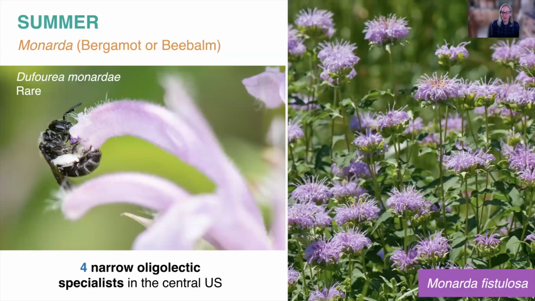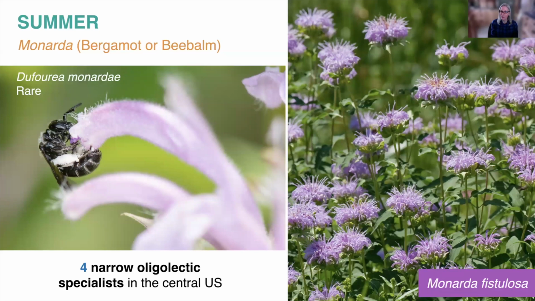All right, Monardas. We have 4 narrow oligolectic specialists of Monarda. This particular species, the short-faced Monarda sweat bee, Dufourea monardae, is pictured here. She's a fairly tiny bee that typically is visiting the Monarda fistulosa flowers to collect that pollen. So again, disregard the big 747 bumblebees visiting this plant.